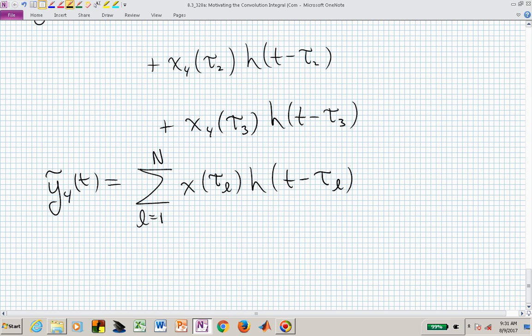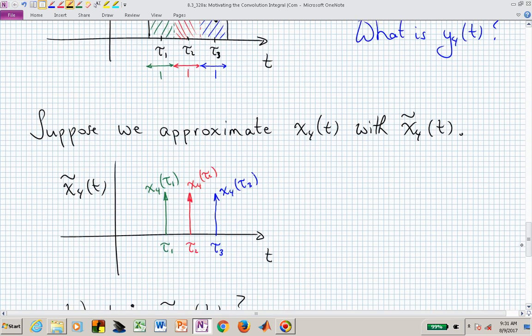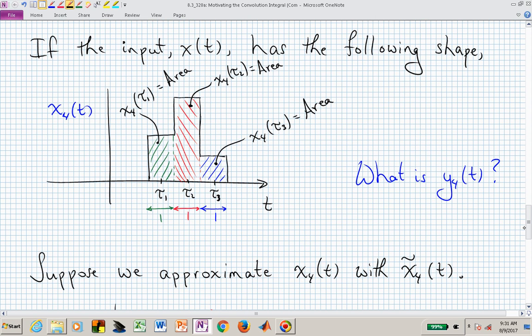Now, in the limit, as we enhance the accuracy, as we make these rectangles more and more narrow and chop up the time axis into finer and finer intervals of time, eventually we want to reach the limit where these time intervals, these tau 1, tau 2 distances, are differentials.